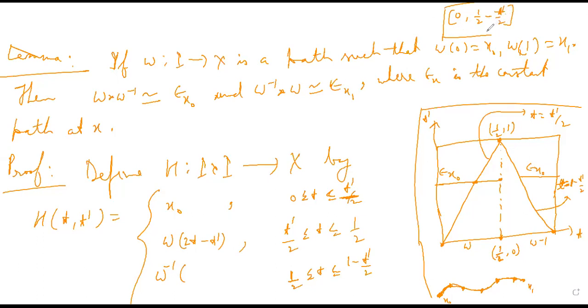When t prime is 0, omega inverse should be completed in the interval 0 to half.